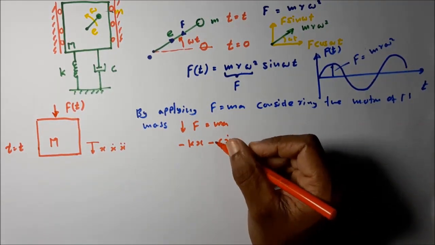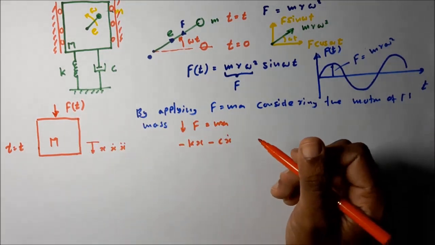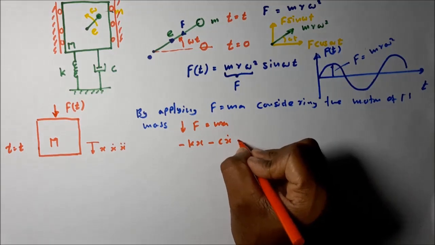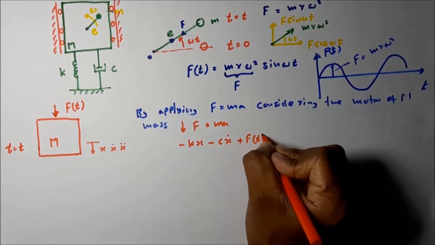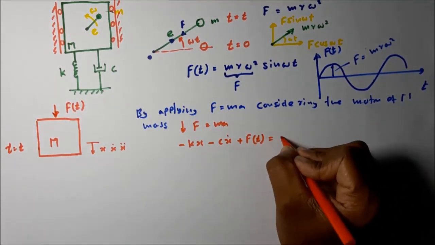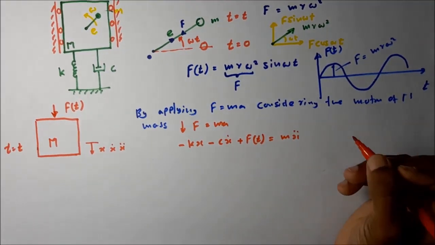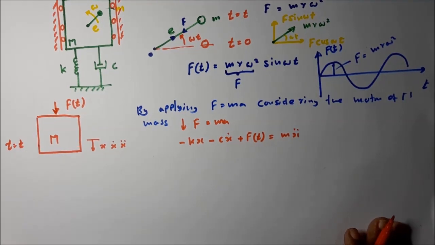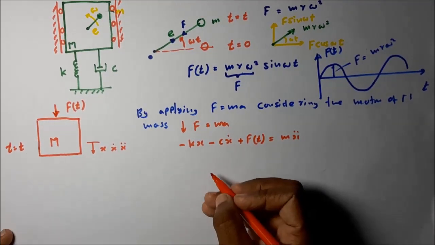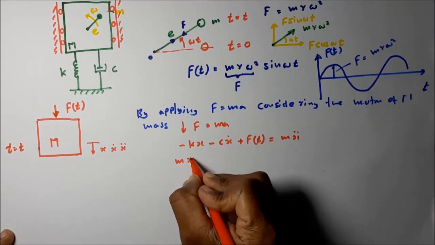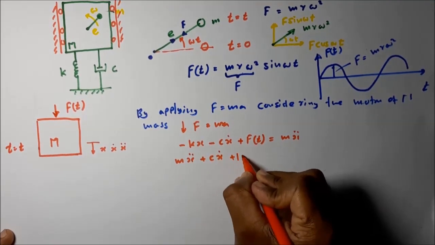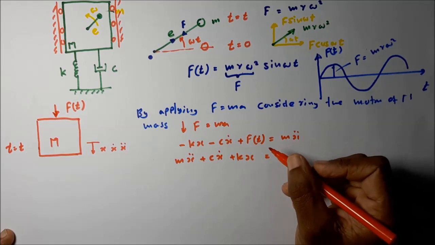Then the excitation force plus f(t) is equal to m x double dot. So by taking these terms to one side, we can write m x double dot plus c x dot plus k x is equal to f(t).